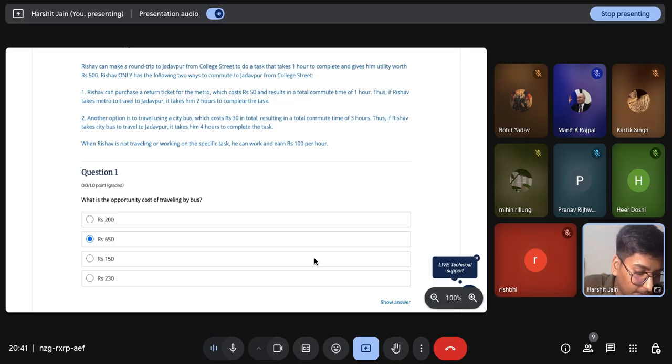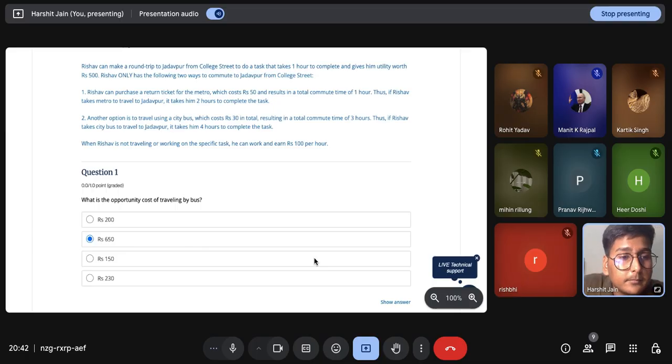But he earns 500 rupees at that time. When he takes the metro, it costs rupees 50 and he comes back to his house in 2 hours. But when he goes by bus and does his work at the college, it takes 4 hours to come back home.